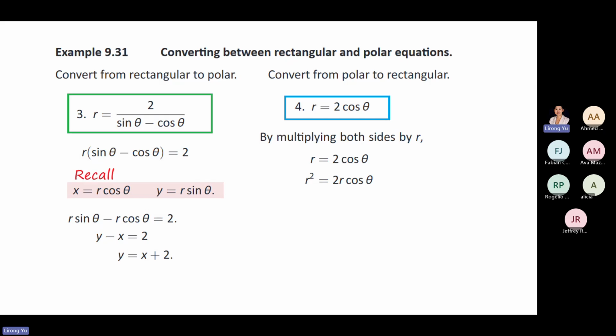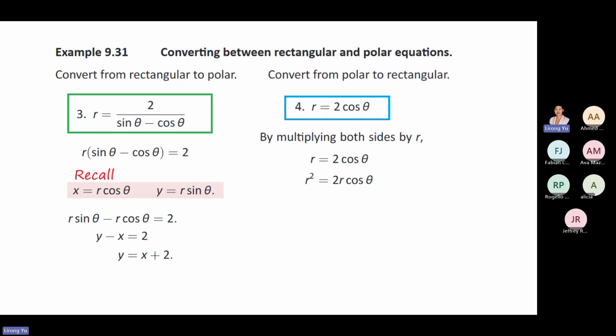If you multiply the left side and right side of this equation by r, you have r squared equal to 2r cosine theta. The reason that we multiply by r is that cosine itself, we won't be able to directly substitute. But cosine theta multiplied by r is already x, since x equal to r cosine theta.